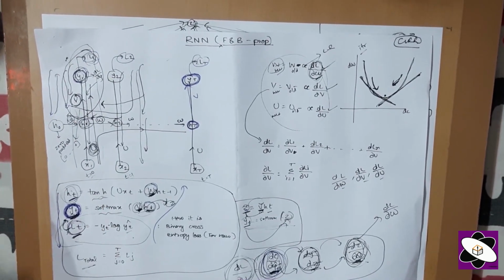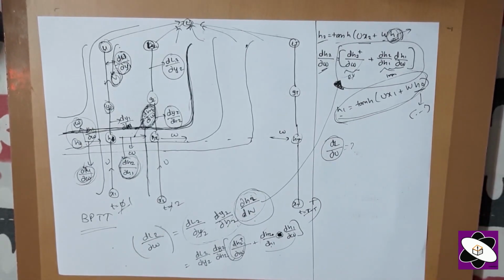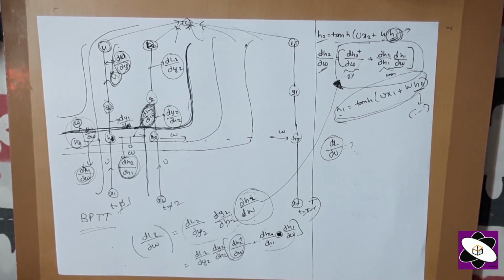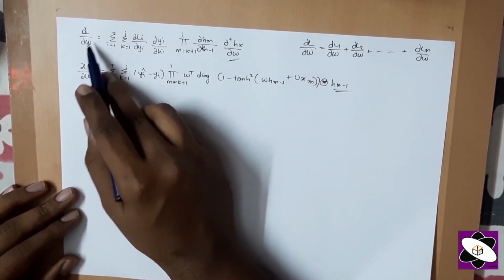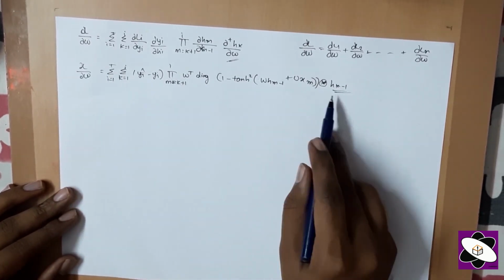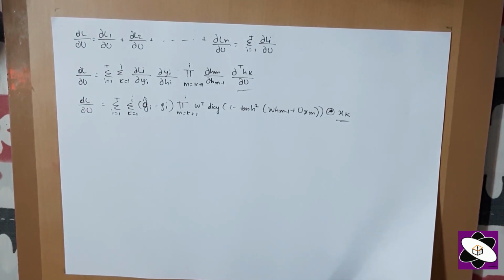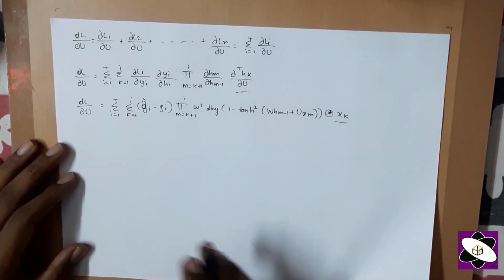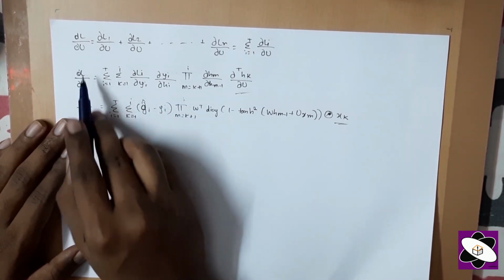So now we will find dL by dU, how we can calculate or solve this. After further solving and optimization, we get dL by dW something like this, and then afterwards like this. And for dL by dU, again it's something similar to what we did for W and V. We'll get something like this after optimizing that.